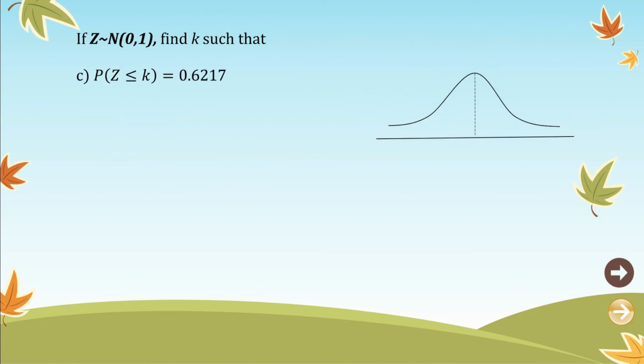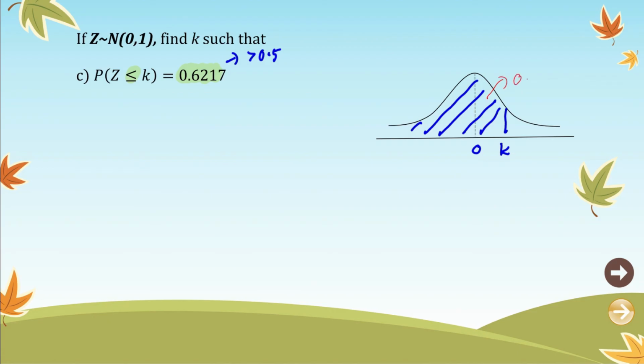For C, we want to find Pz less than equals to K when it is equals to 0.6217. The symbol is less than and the value is 0.6217. So for this one, the probability value is greater than 0.5. So our K will be on the right side.